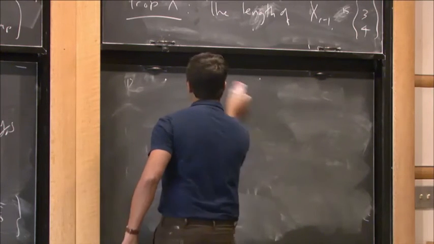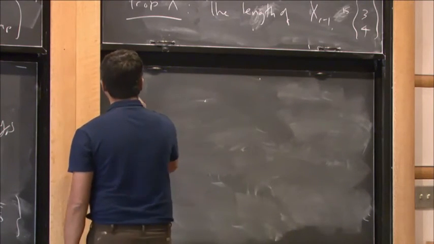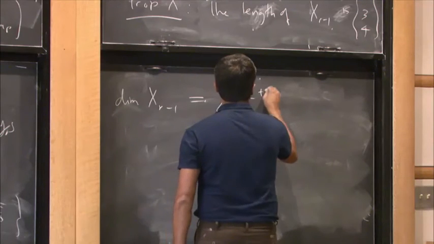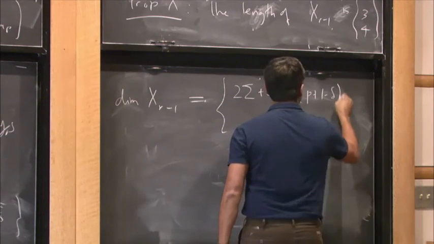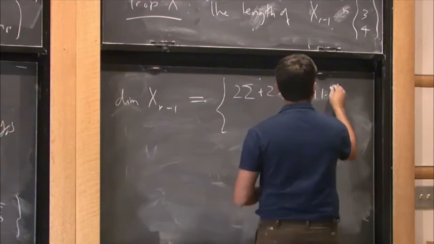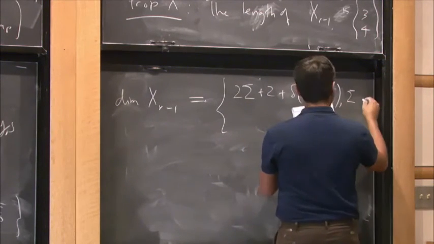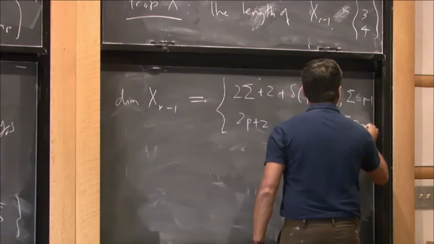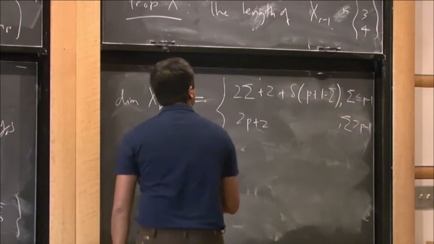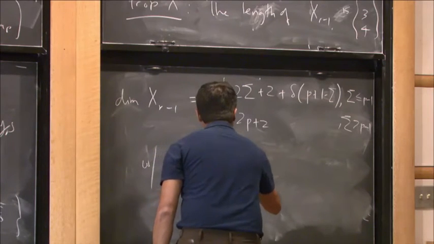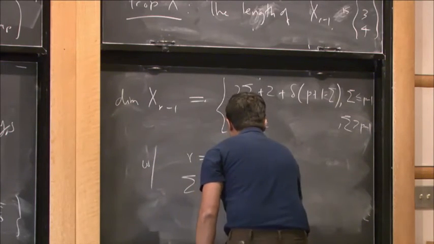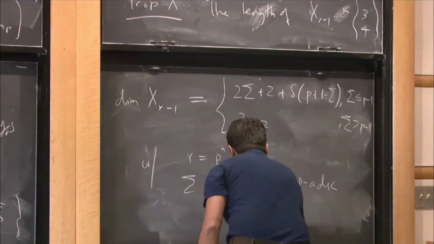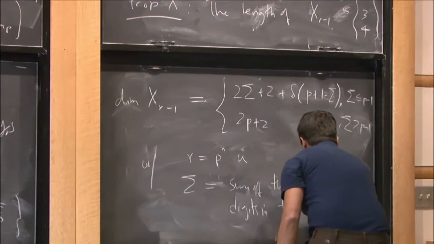So the dimension of X_{r-1} is p plus 1 minus sigma, if sigma is less than or equal to p minus 1, and it's 2p plus 2 if sigma is strictly bigger than p minus 1, where, write r as p^n times u, sigma is the sum of the p-adic digits in the base p expansion of u minus 1.